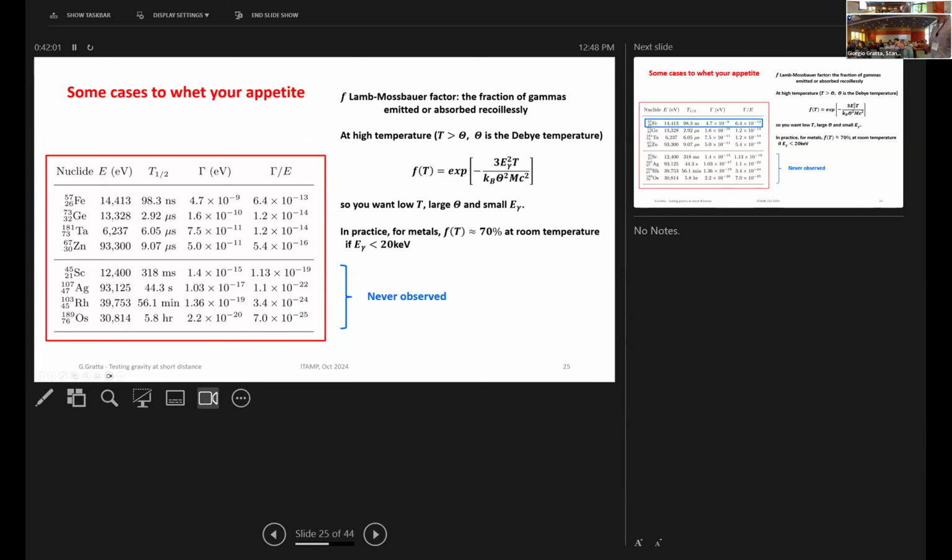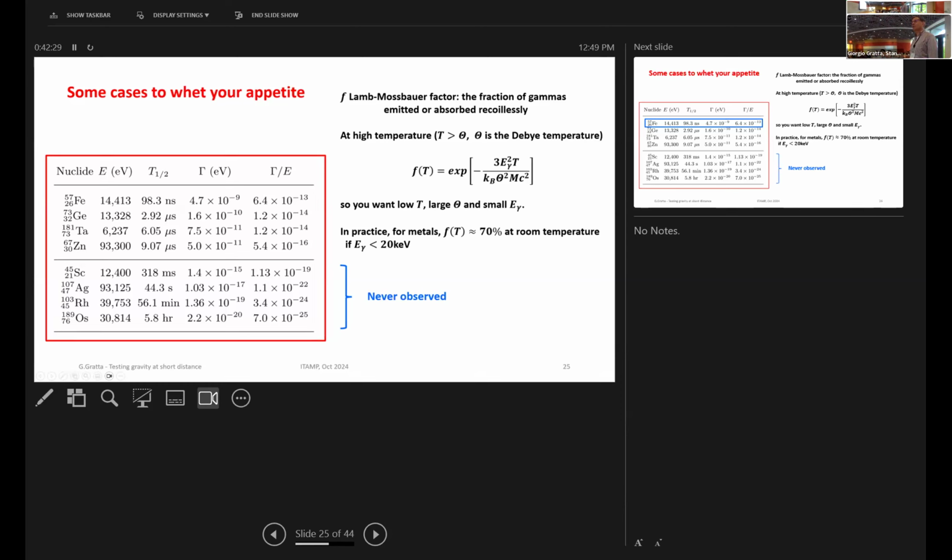There's a bunch of cases that have all been studied and observed, which go down to 10⁻¹⁶. Zinc is really annoying because the half-life of the parent isotope is very short and the energy of the transition is large, which means the experiment has to be cryogenic. But it's down to 10⁻¹⁶.